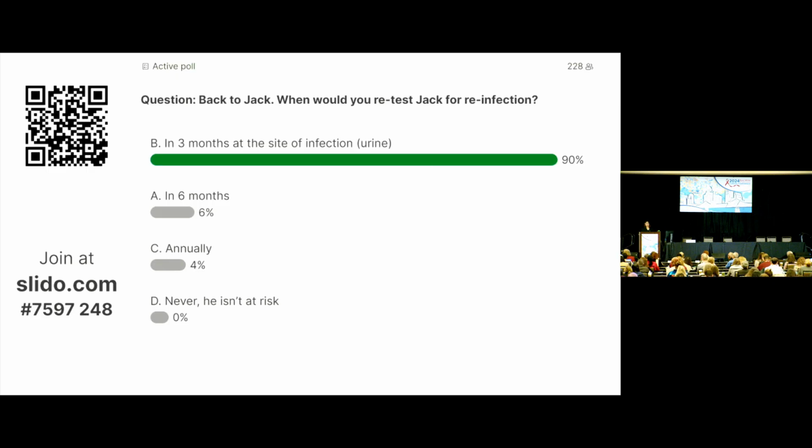Fabulous. You could also make a case for testing at all 3 sites, but you definitely want to test him for reinfection at the site where you originally had your infection.